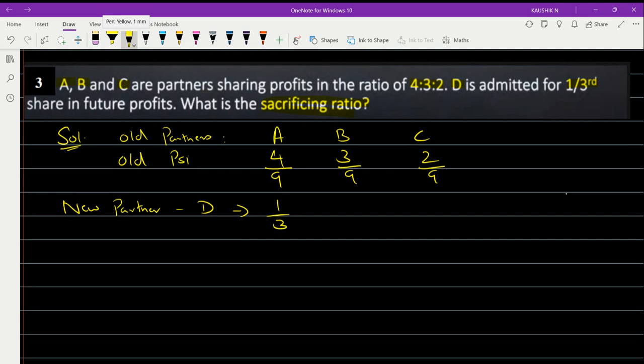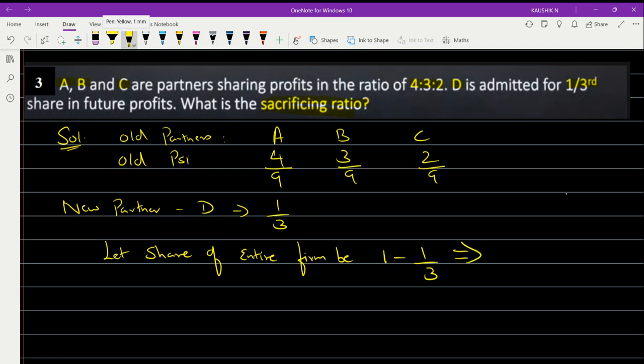So now it is a concept like, let the share of the entire firm be considered as 1. Now, from this 1, if you are going to give away 1 by 3 to D, what will be the remaining balance?